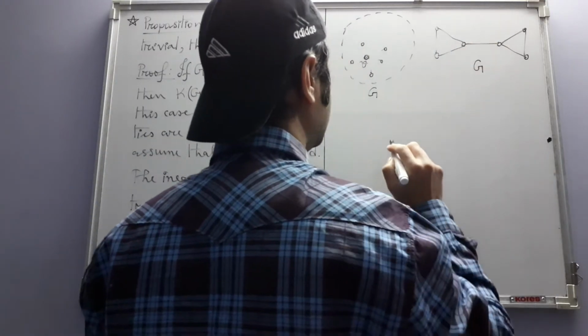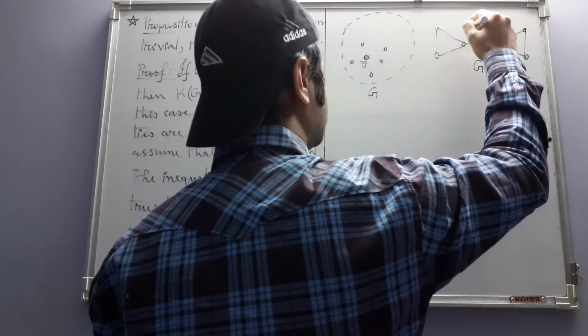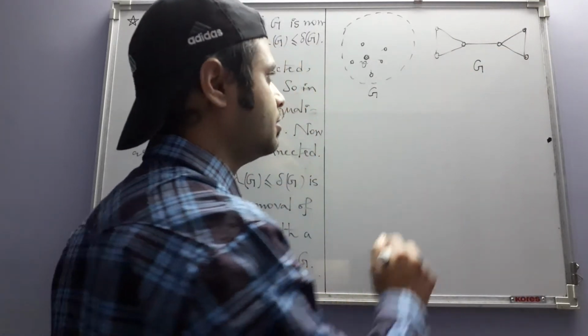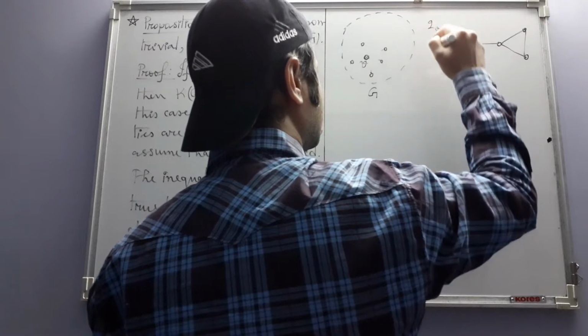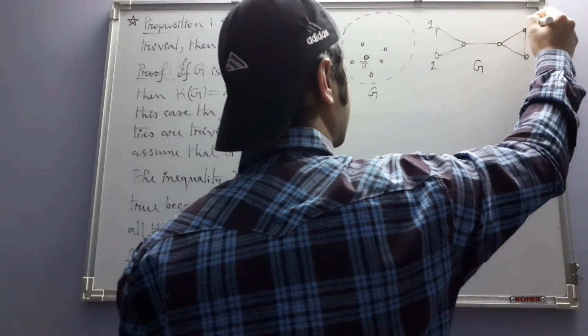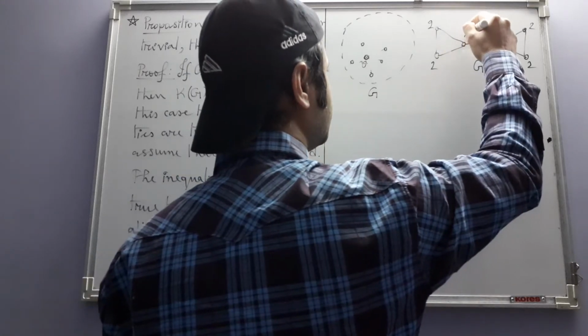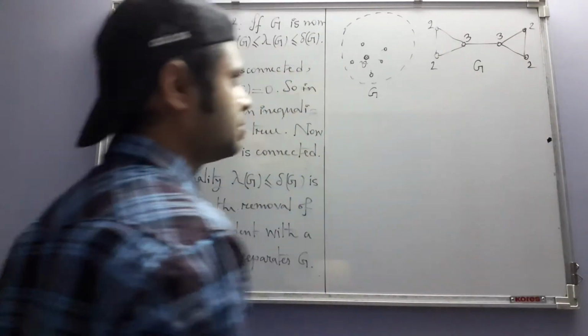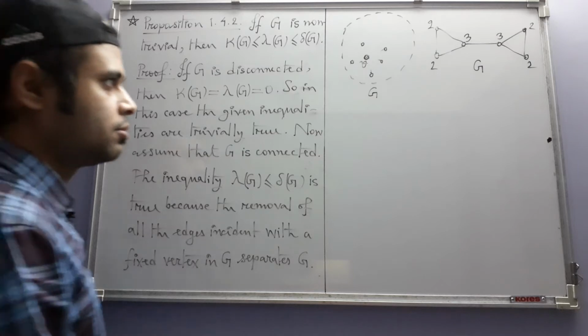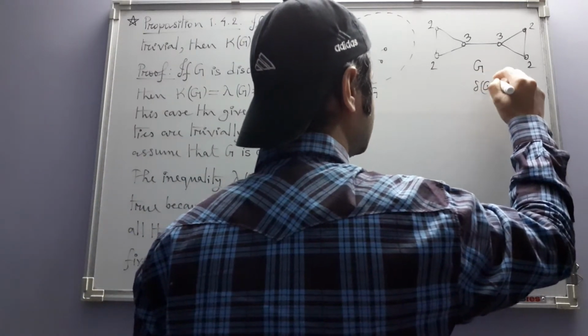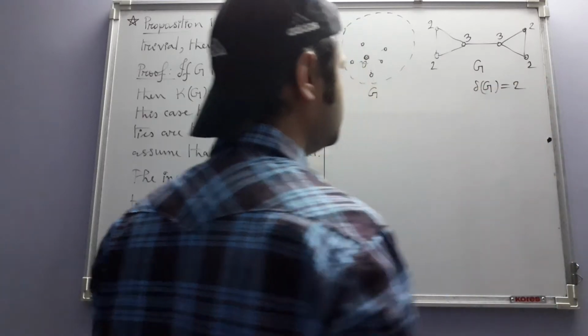Now here if we label the vertices with their degrees, then these vertices get the labels 2 and these two vertices get the labels 3. So here minimum degree is 2.